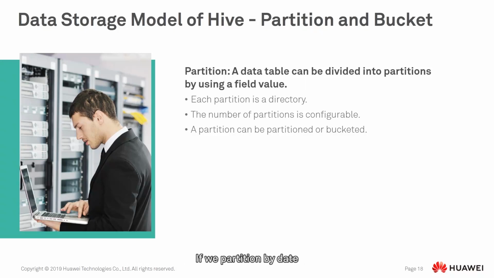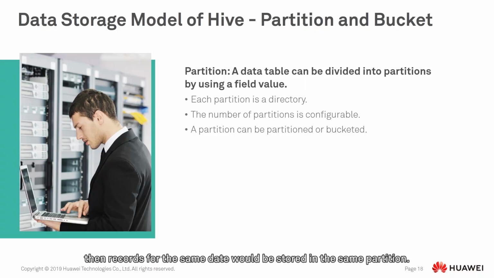If we partitioned by date, then records for the same date would be stored in the same partition. The advantage to this schema is that queries that are restricted to a particular date or a set of dates can be answered much more efficiently because they only need to scan the files in the partitions that the query pertains to. Notice that partitioning doesn't preclude more wide-ranging queries.